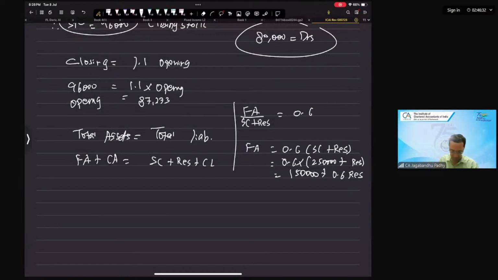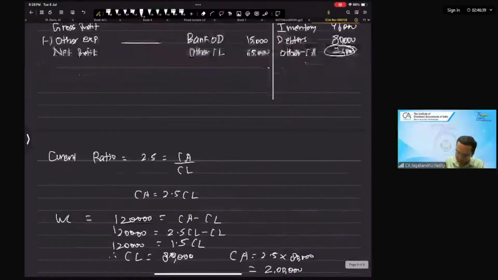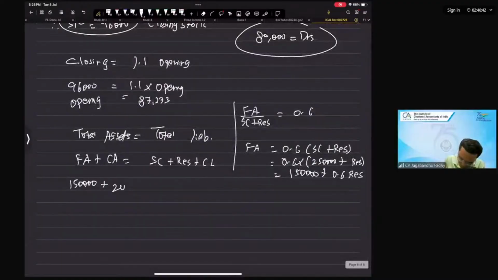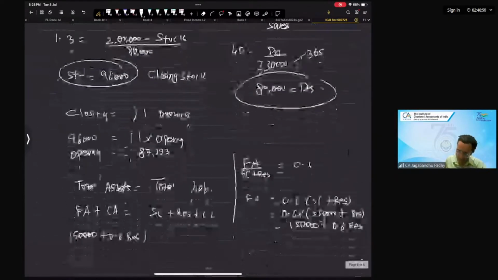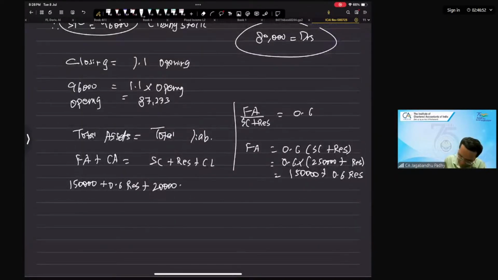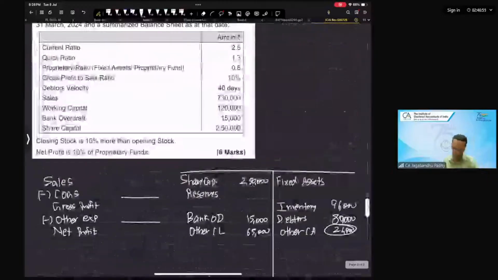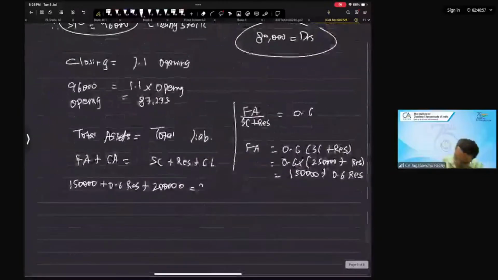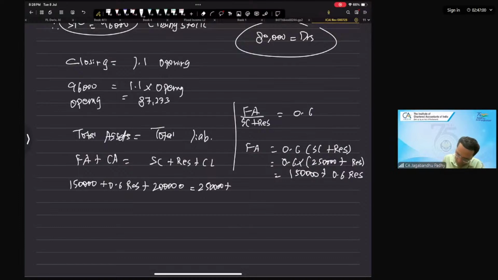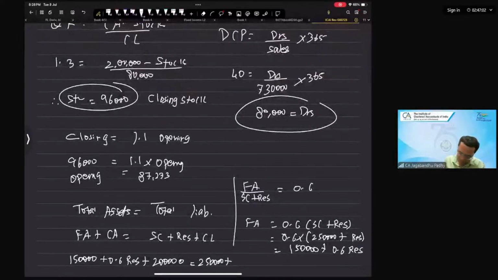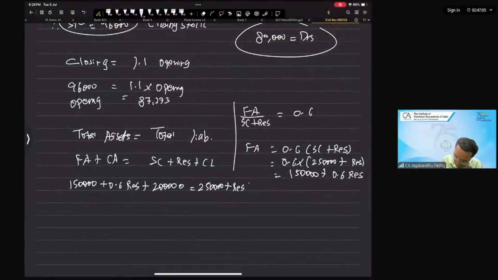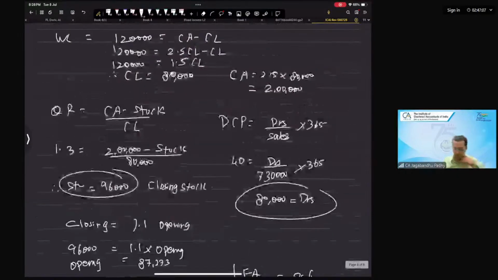That's your fixed asset. Fixed asset, I can say, is 150,000 plus 0.6 reserves, plus current assets of 2 lakh, is equal to share capital of 2 lakh 50 plus reserves, which we don't know, plus current liability.